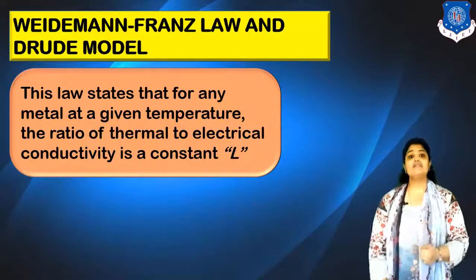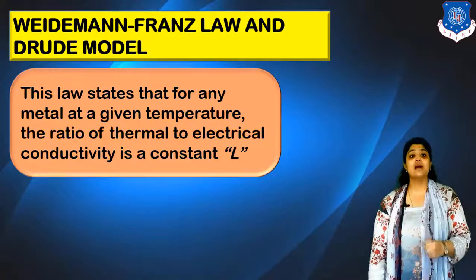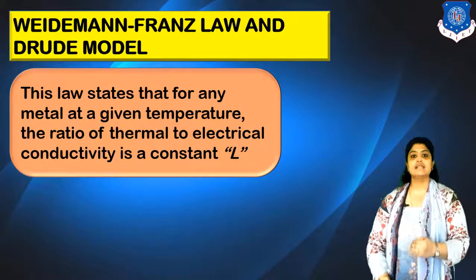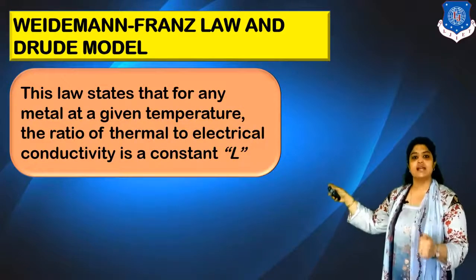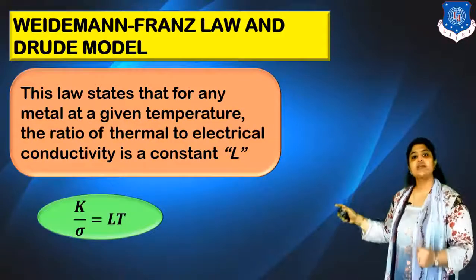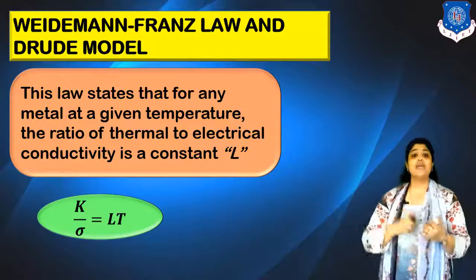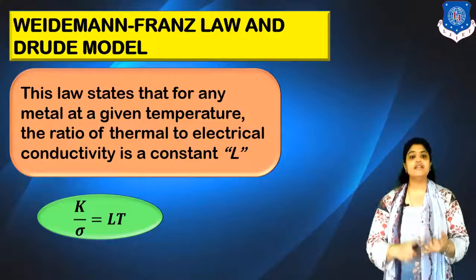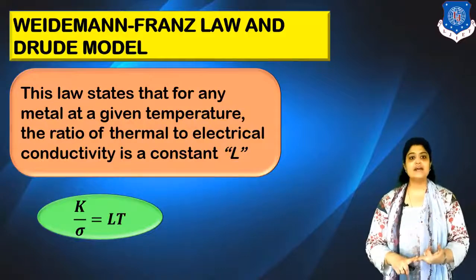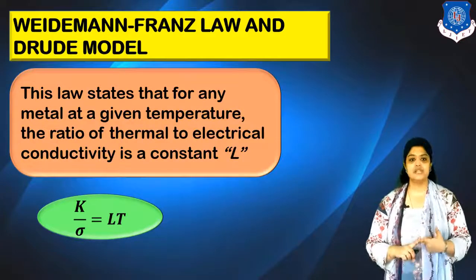We had derived the equation K upon sigma is proportional to T, where removing the proportionality sign, we introduce a constant that is known as the Lorentz number. So I have this equation K upon sigma equals LT, where K denotes my thermal conductivity, sigma denotes my electrical conductivity, L is the Lorentz number and T is the absolute temperature.